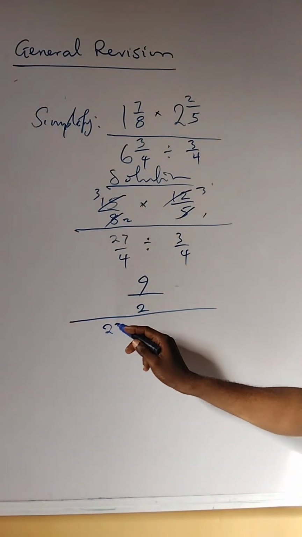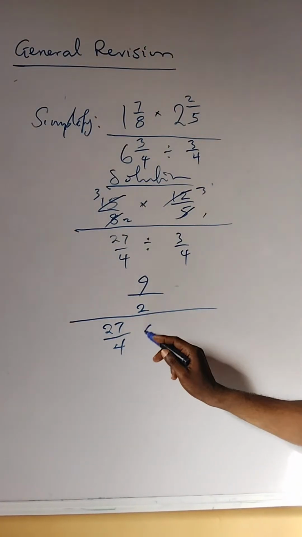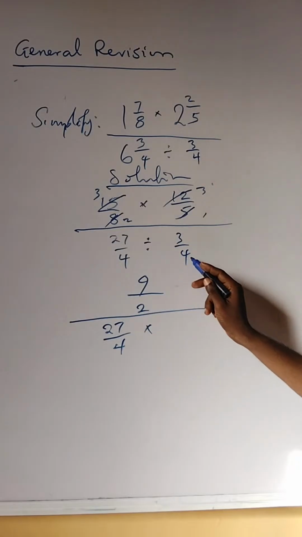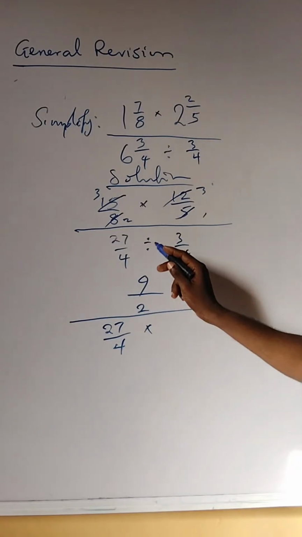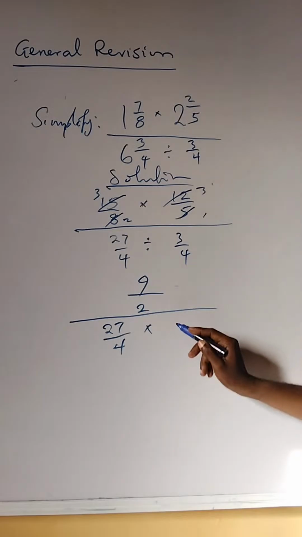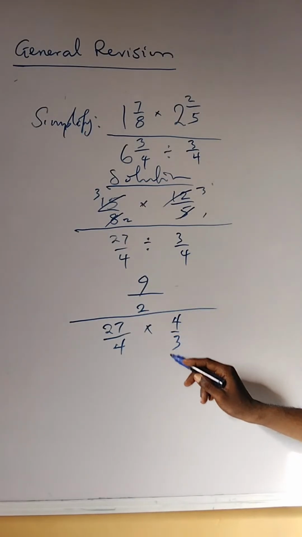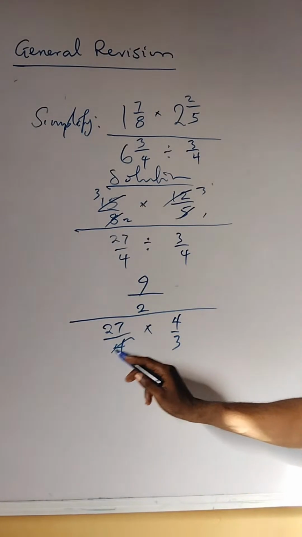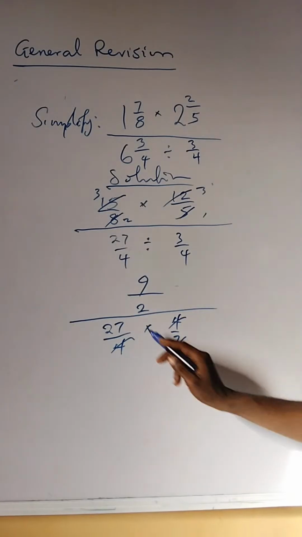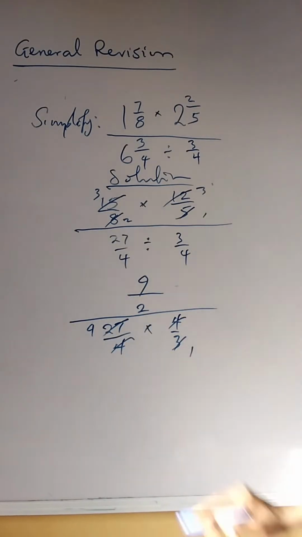And this becomes 27 over 4 times, if this changes now to multiplication, 4 will go up, 3 will come down. We have 4 over 3. Okay, and this 4 and 4 cancel each other here. 3 goes into 3 one time, 3 goes into 27, 9.